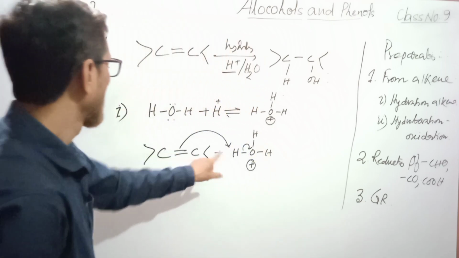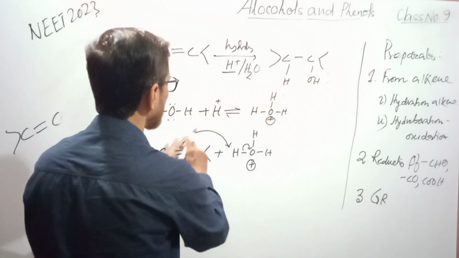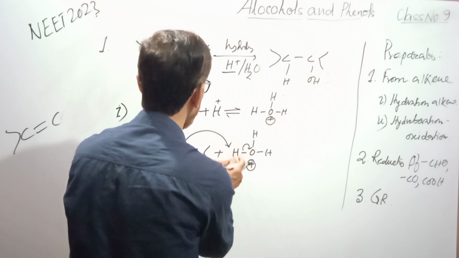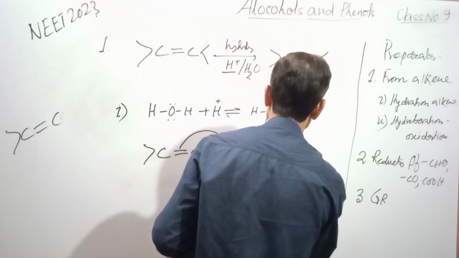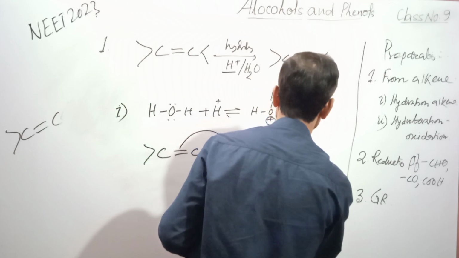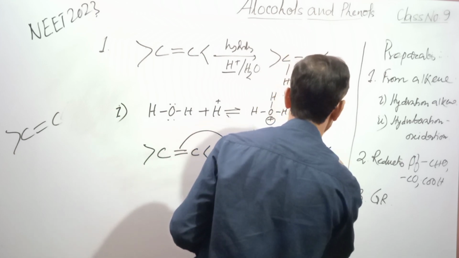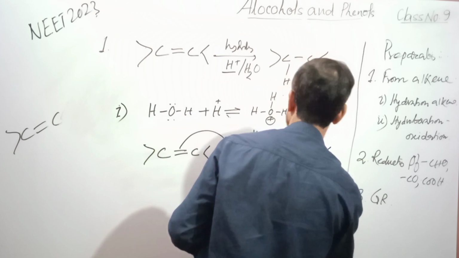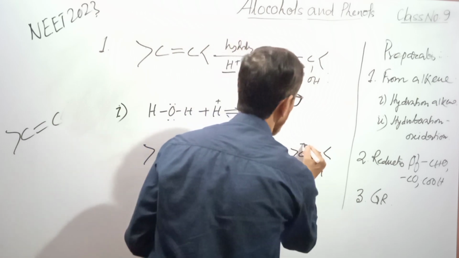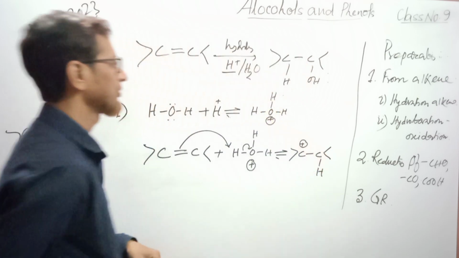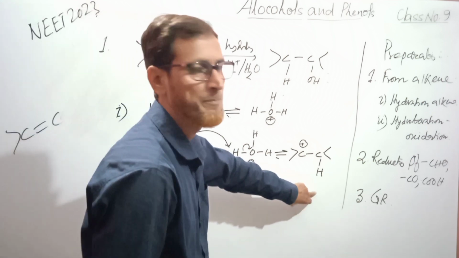This arrow means H is attached. You attach H. When you attach H, there is a lack of bonding, valency of this carbon. You are getting this part.